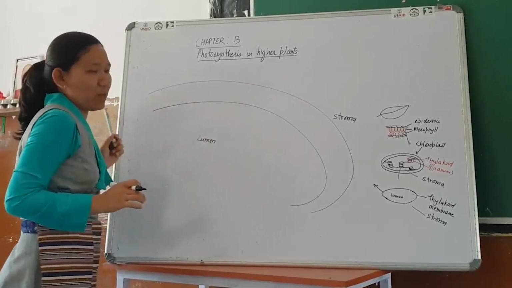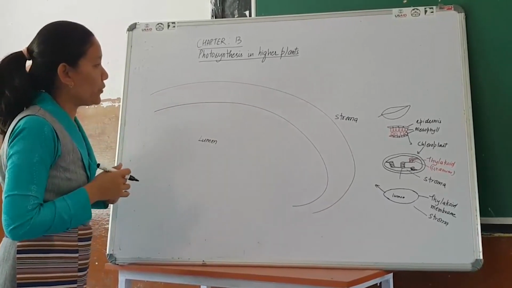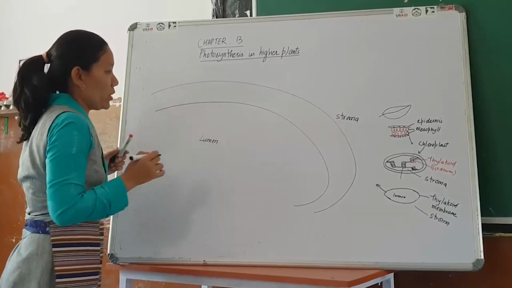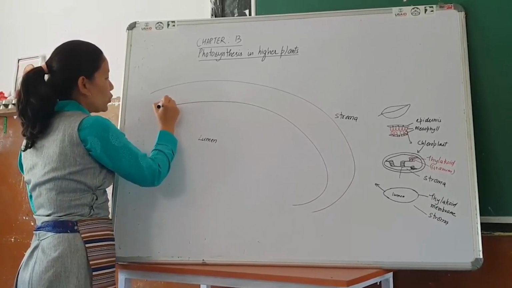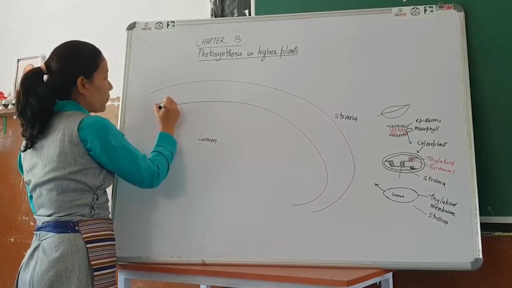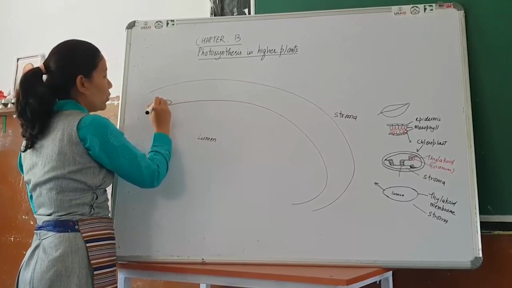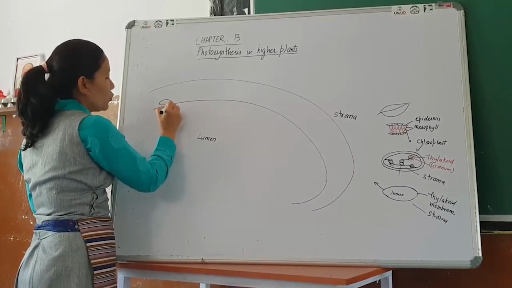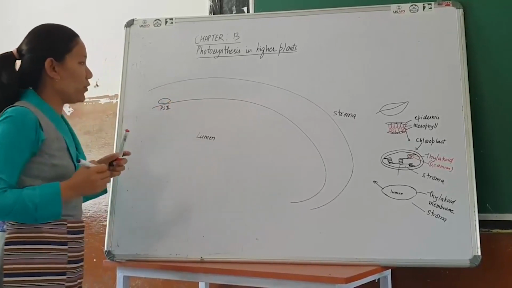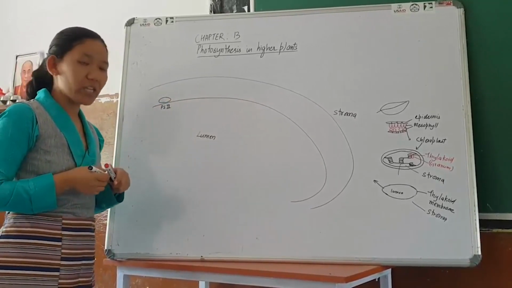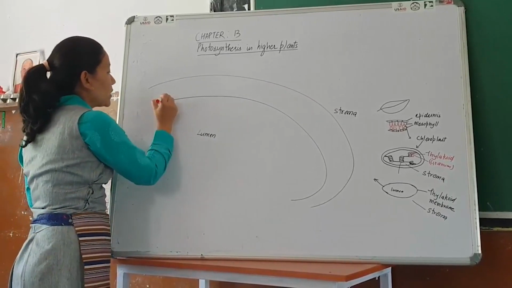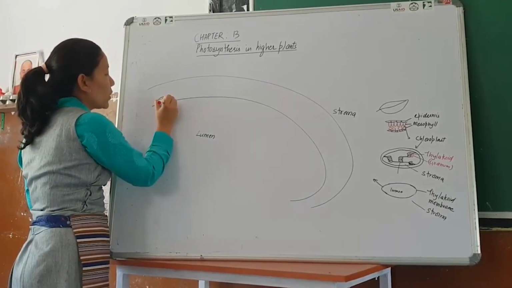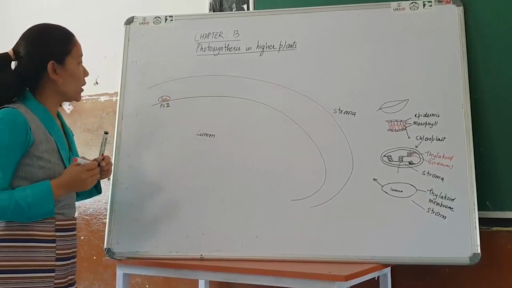Now let us place the components of the light reaction on the thylakoid membrane. So on the thylakoid membrane there is photosystem 2 here, PS2, and you know that in photosystem 2 the reaction center gets excited at 680 nanometers, so we can also write 680 here.